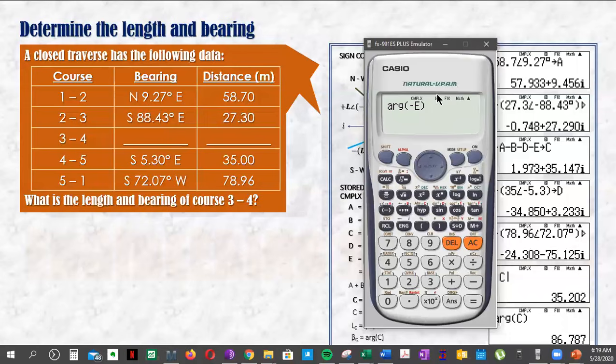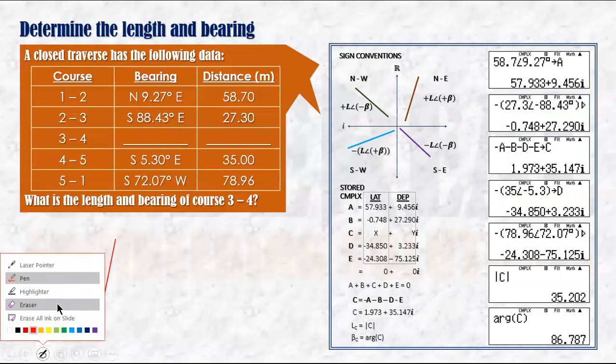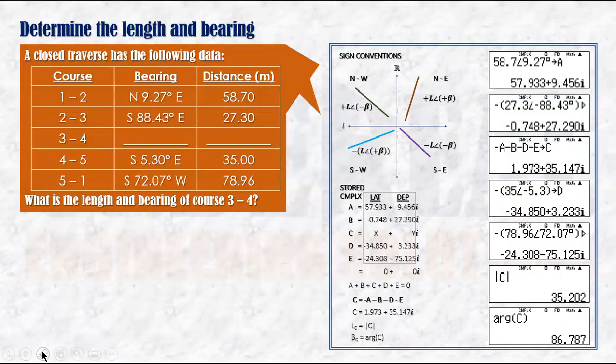Why? Because it's like this. As you can see, its direction is southwest. So, you reflect that to the other side. Okay, sorry for that. Erase. Because the direction is this. It's southwest. So, what you do is reflect that to the other side.